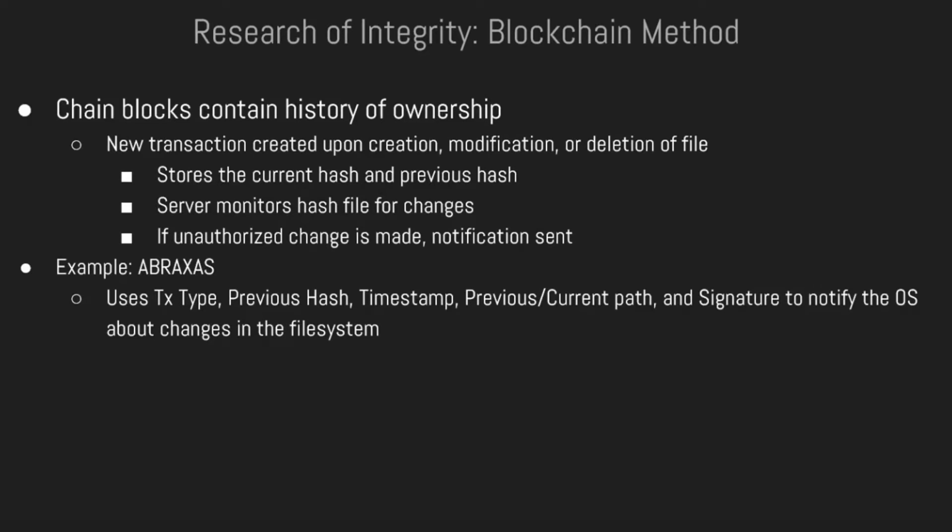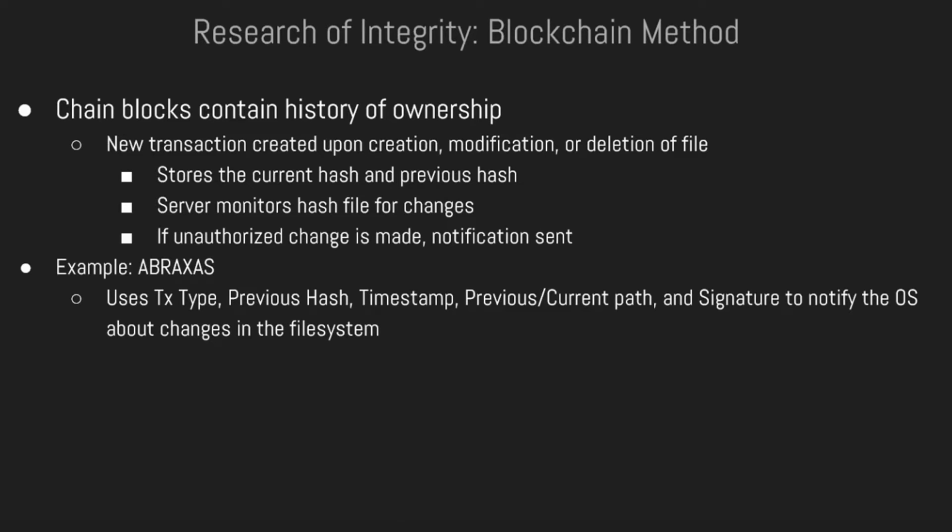The current blockchain solutions for integrity contain history of ownership. And when a new transaction is created, modified, or deleted, the blockchain will be notified because it stores the current hash and the previous hash of the transaction. The server can monitor all of that activity that occurs on the blockchain.